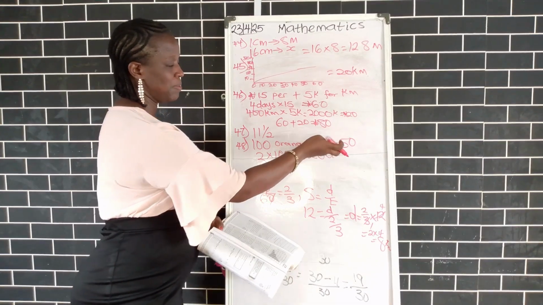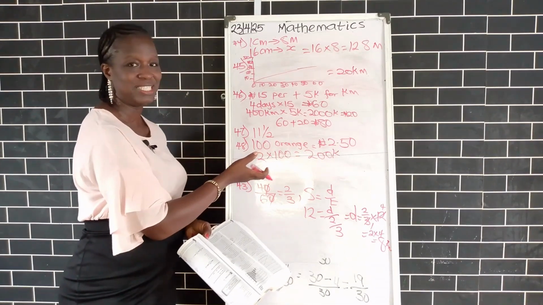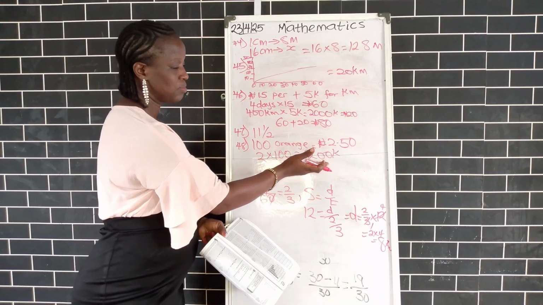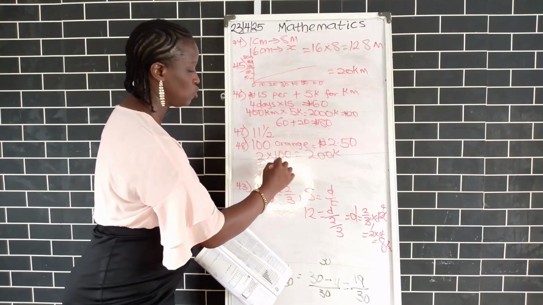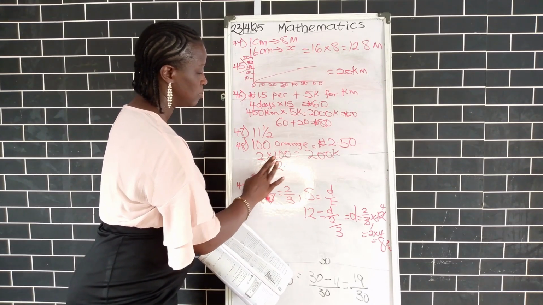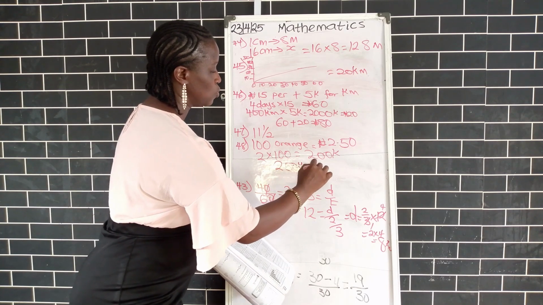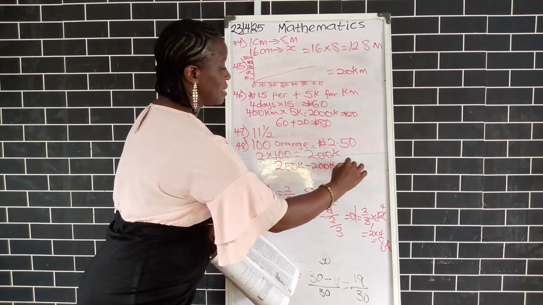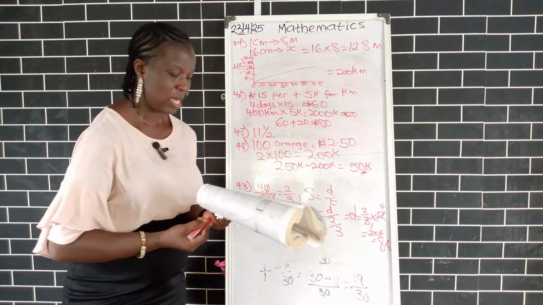Don't forget, the seller bought it for 2 naira 50 kobo. Now, after selling it, he was able to generate 2 naira. Let's use it in kobo. That will be 250 kobo minus 200 kobo. And that gives you 50 kobo. So that is the loss the seller has incurred.